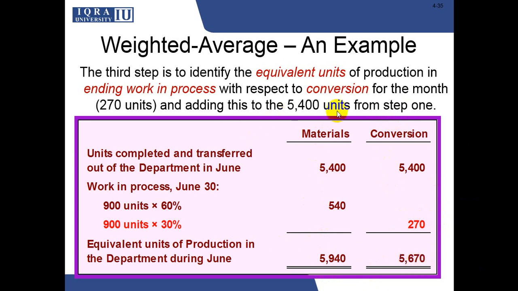With respect to material 5,940 and with respect to conversion 5,670. So we have identified the equivalent units of production in the department during June, in this example.